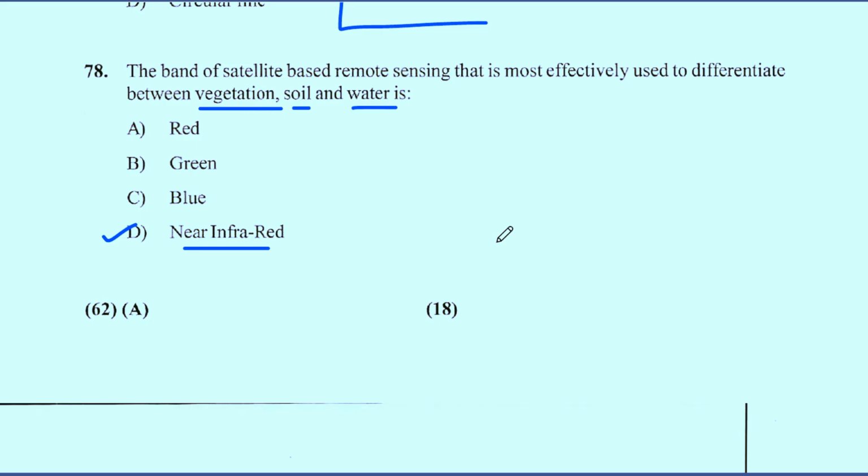Okay. There is one picture regarding this, vegetation, soil, and water. Okay. So in that we can clearly see that water can only reflect this much. Okay, and this is the boundary, this is visible, this is the infrared boundary. Okay.